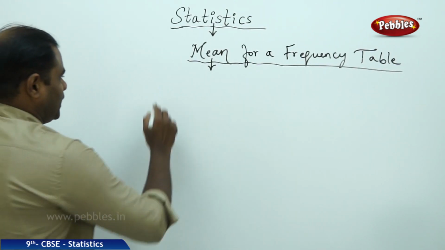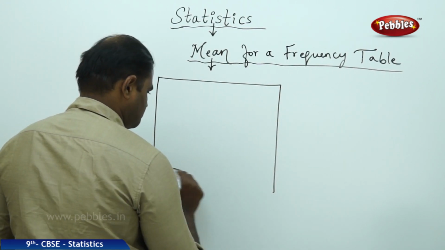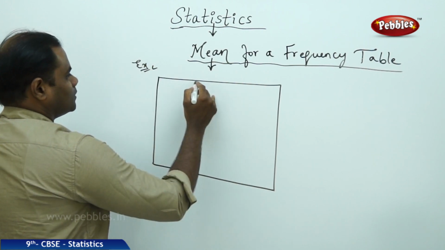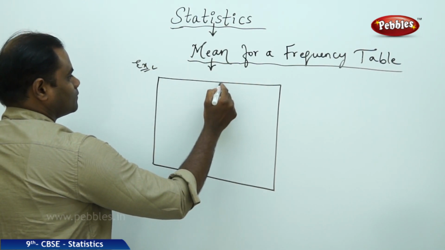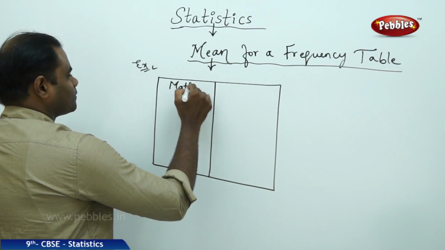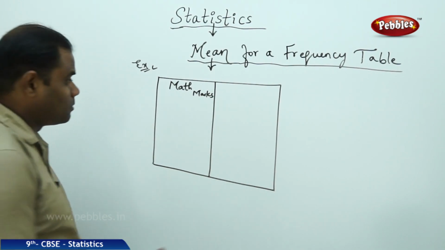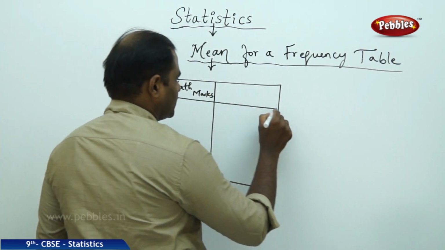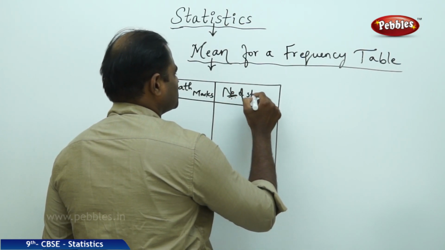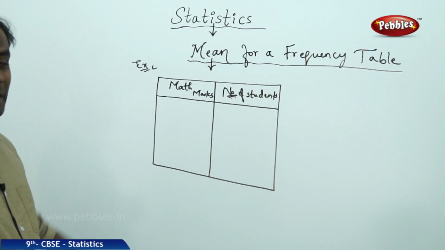For example, if I have a frequency table where the first column has mathematics marks obtained in an exam, and the second column is the number of students who have achieved these marks.